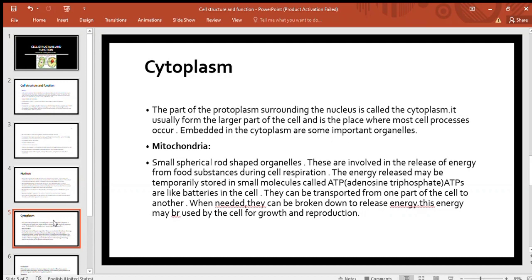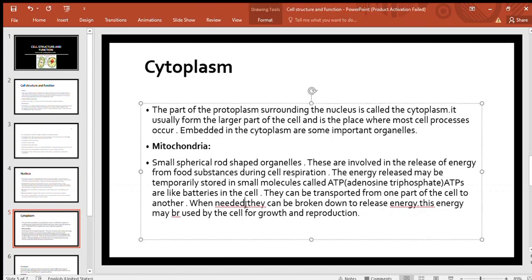They can be transported from one part of the cell to another. When needed, they can be broken down to release energy. This energy may be used by the cell for growth and reproduction.